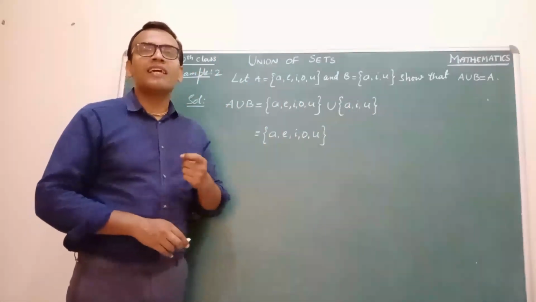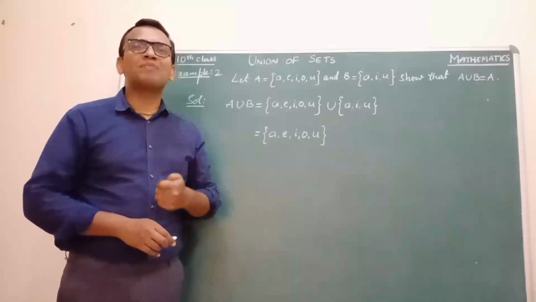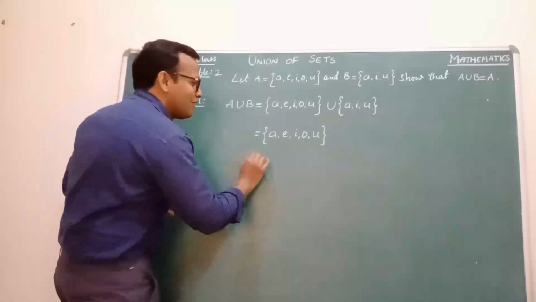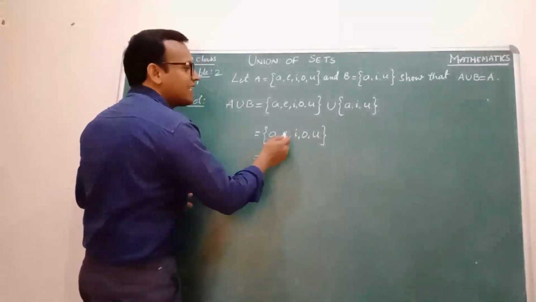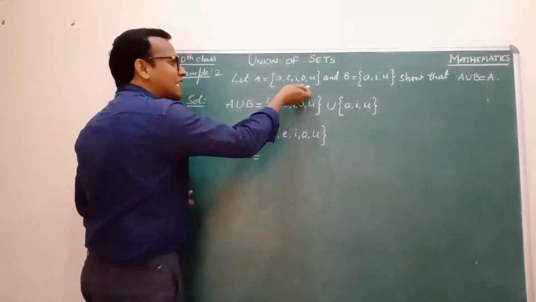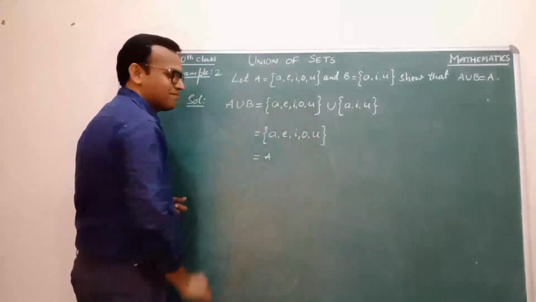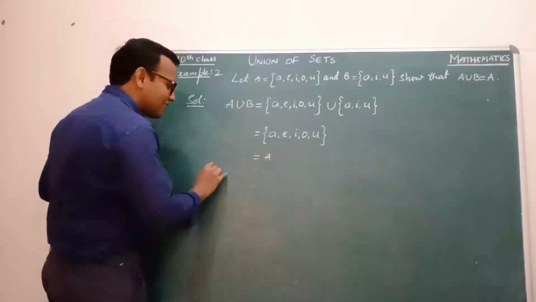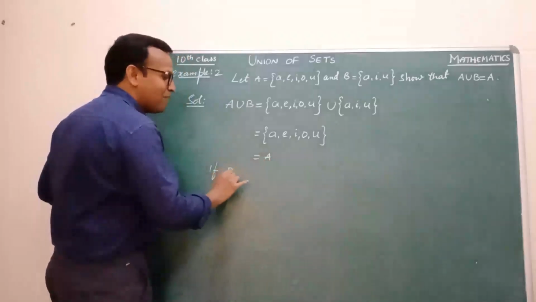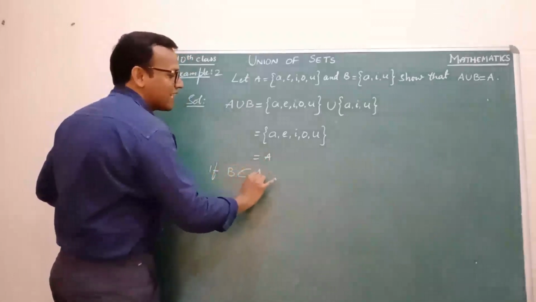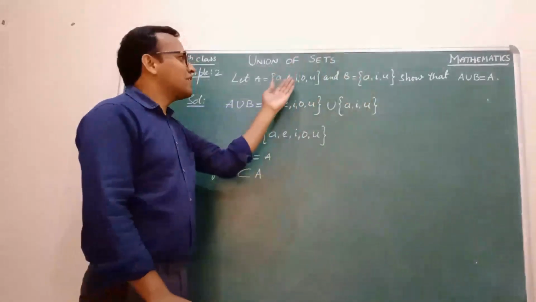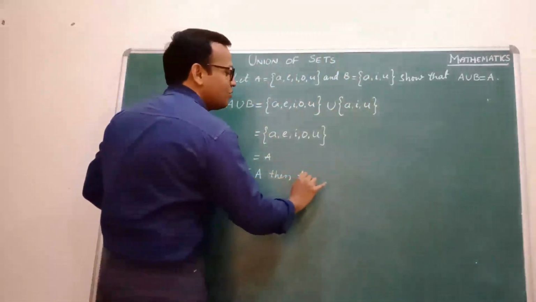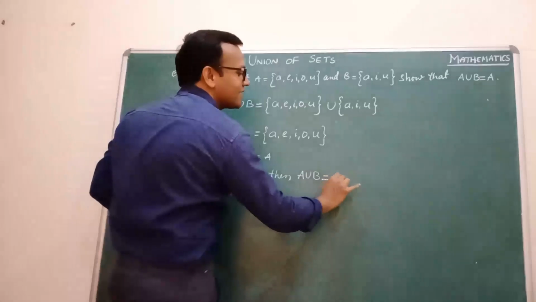Children, we know that the elements in a set must not be repeated as they are distinct elements. Now this set of A, E, I, O, U is nothing but set A. So we got A union B is equal to A. That means if B is a subset of set A, then A union B is nothing but A only.